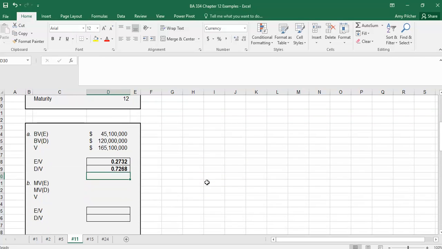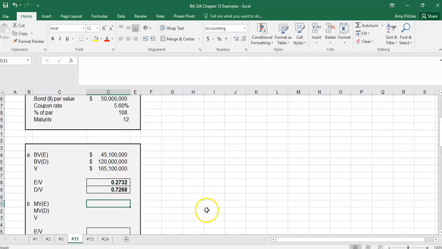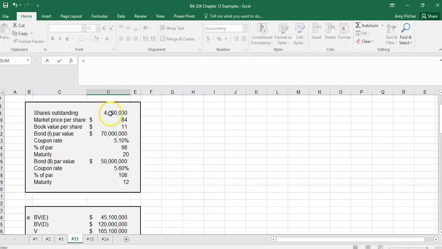So we have weights for equity of 27.32% and the remaining in debt of 72.68. Now we're going to calculate the market value of our equity. So the market value of our equity is the number of shares outstanding times the market price.